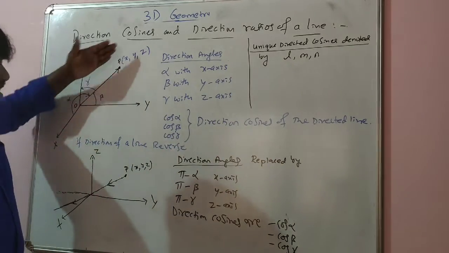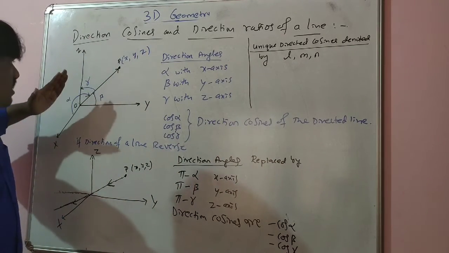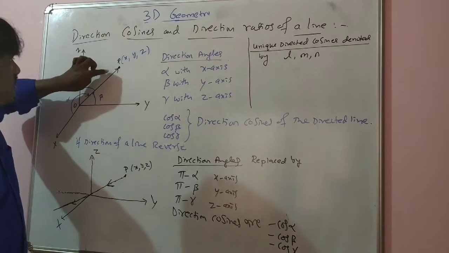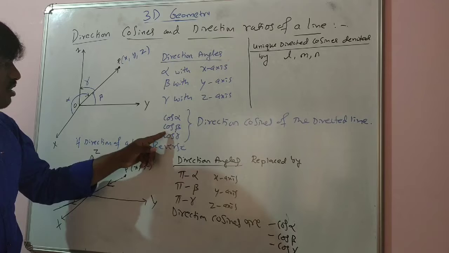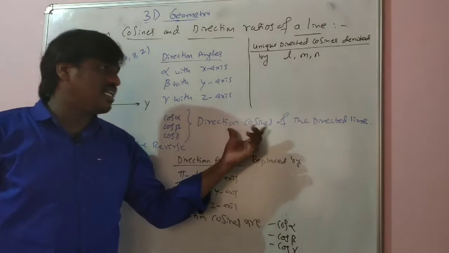For this line, if the direction is upper side, then cos alpha, cos beta, cos gamma are the direction cosines.